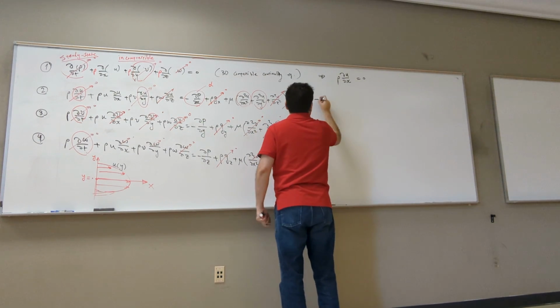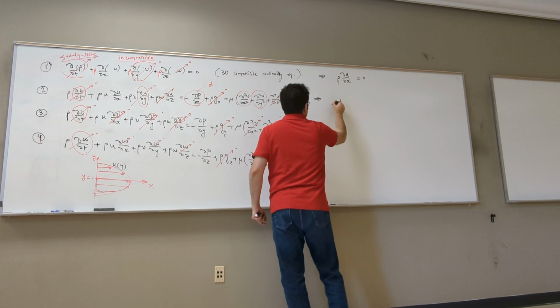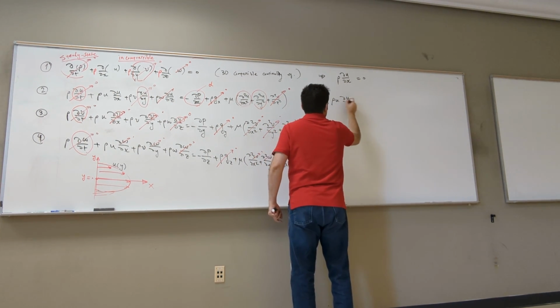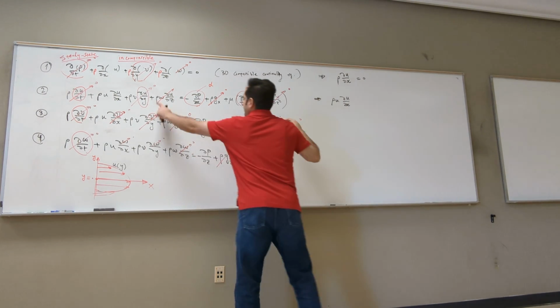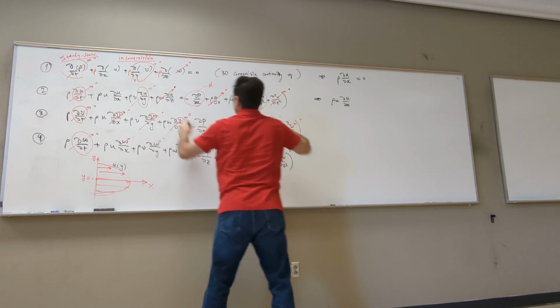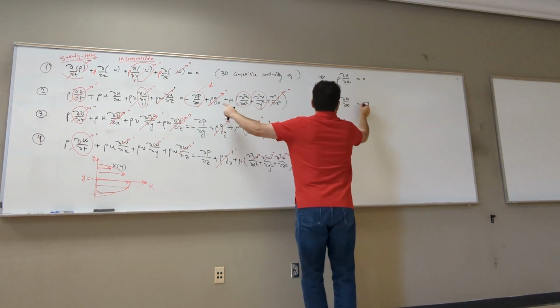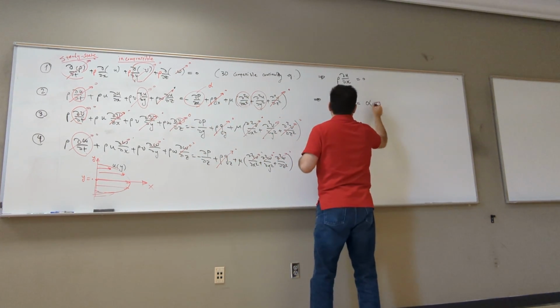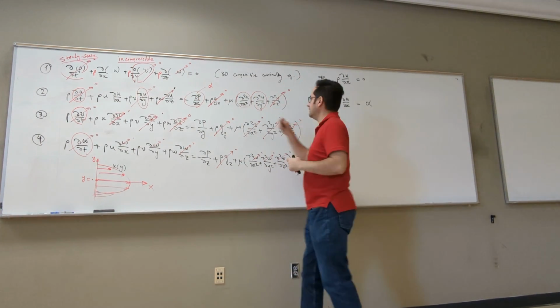The momentum: we get rho u partial u partial x equals zero, and that is equal to alpha. The pressure drop is constant, I call it alpha.